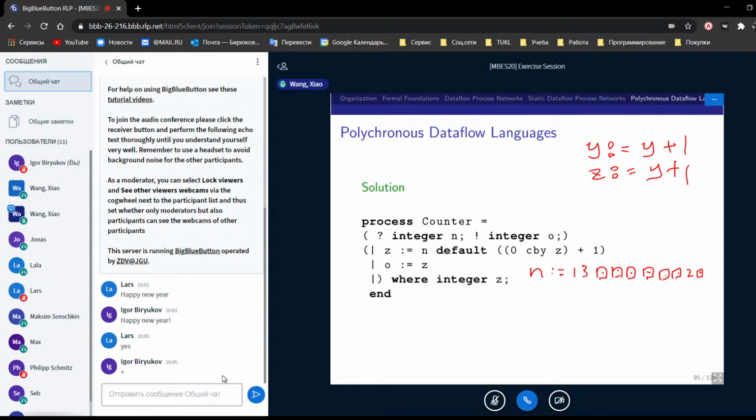I cannot write here because this is blocking me. Let's delete. How can I fix this?